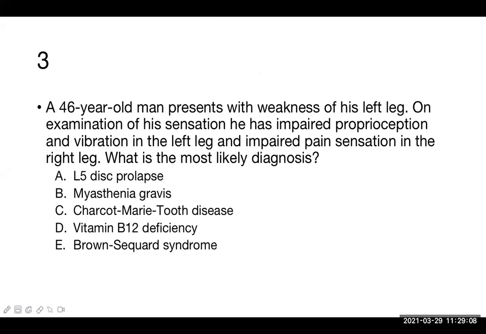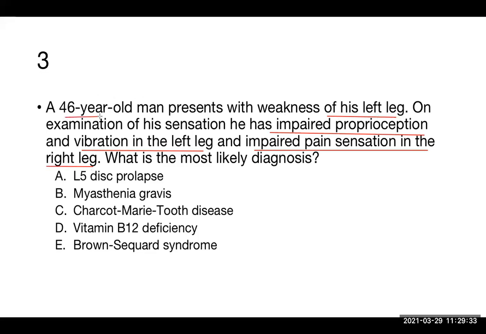Now, number 3. A 46-year-old man presents with weakness of his left leg. On examination of his sensation, he has impaired proprioception and vibration in the left leg and impaired pain sensation in the right leg. Now see that?